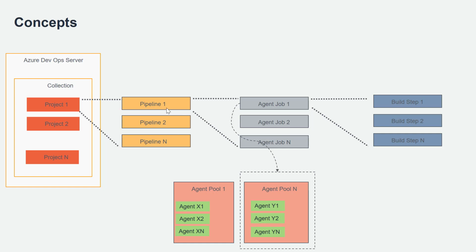The pipeline 1, agent job 1 may be associated with agent pool N. Agent job N also can be associated with the same one. Agent job 2 also maybe can be associated with the same one. Or maybe you can associate agent job 2 with agent pool 1. It really doesn't matter. It's a shared pool of resources. Project 2 can also share agent jobs and agent pools for its build activities.